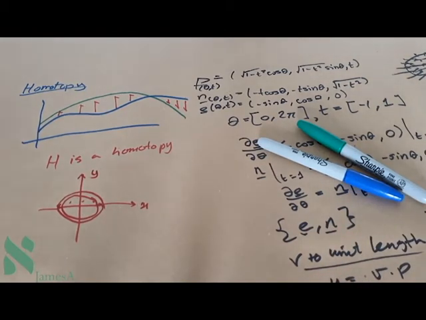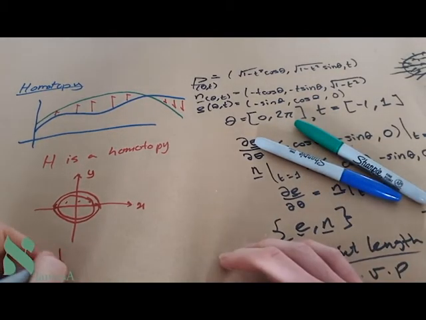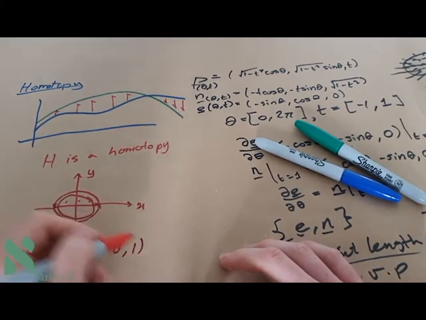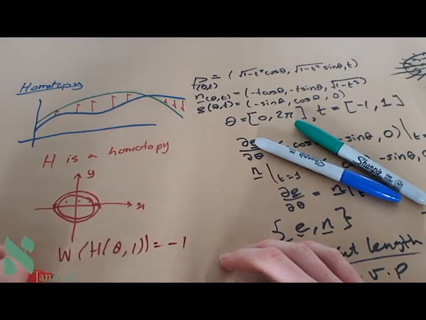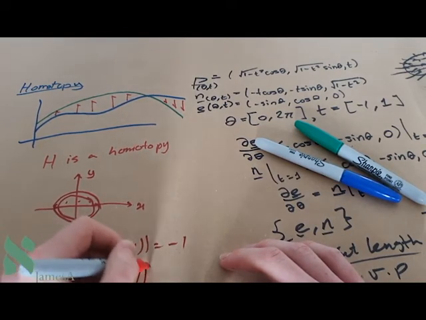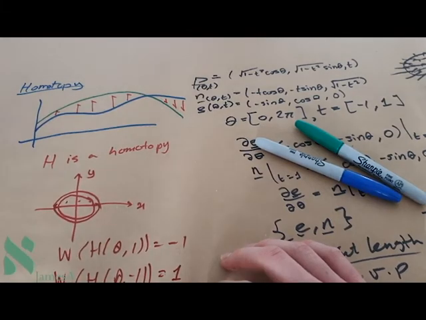So because of that, we have 2 different winding numbers, because the winding of H theta 1 was -1, and the winding of H theta -1 is 1.